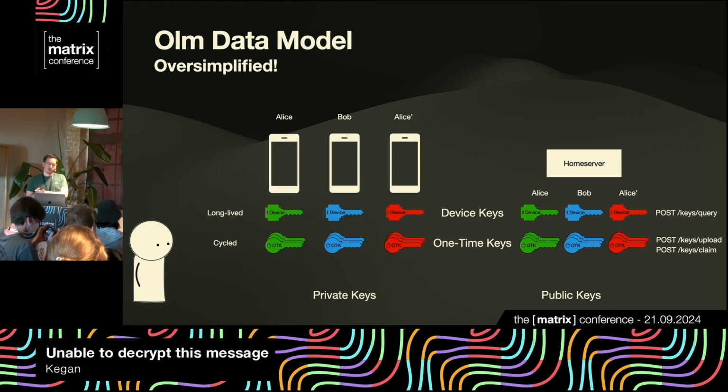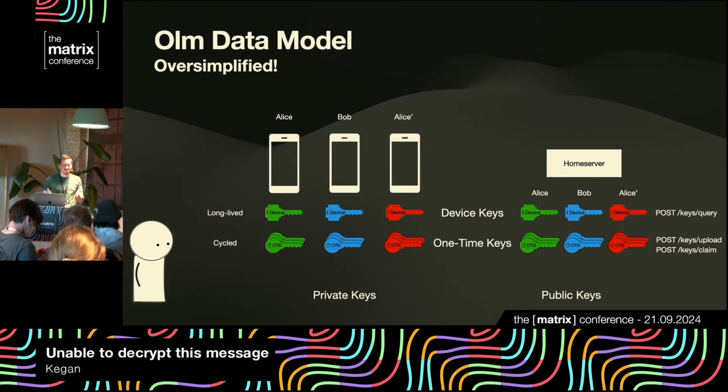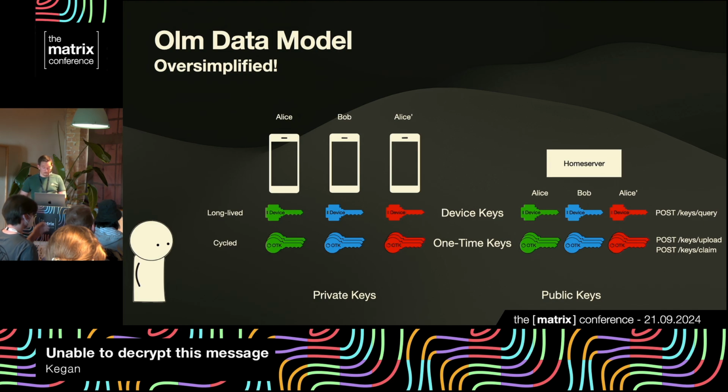So in order to communicate with someone, you need both these things: the device key and a one-time key. Because device keys are long-lived, they're not very often the causes of UTDs. One-time keys, though, are, because they need to be constantly cycled. They can get used up, and they need to be replenished on the server as well as on the client. And we'll talk more about how this can fail.